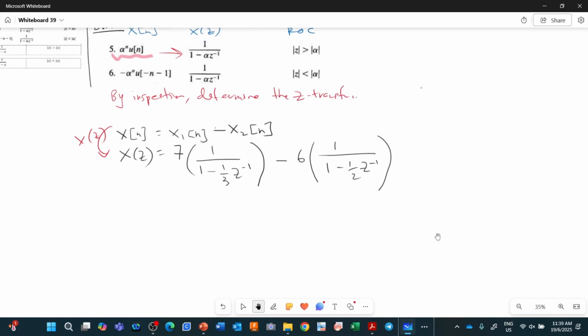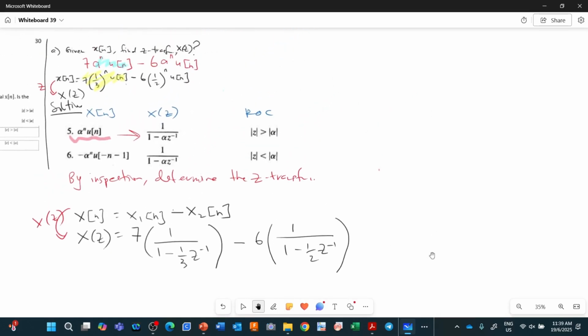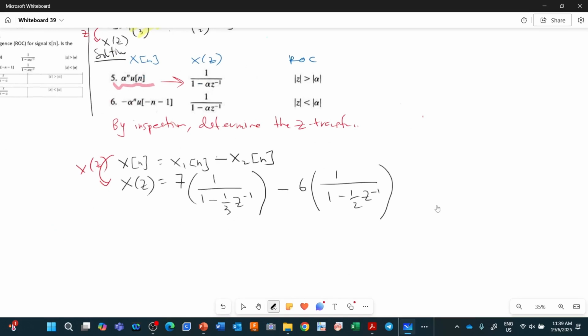Can you understand this one? If you cannot understand, then you need to do it one by one. If you cannot do this directly, you can write it as x1[n] equivalent to 7 (1/3)^n u[n].